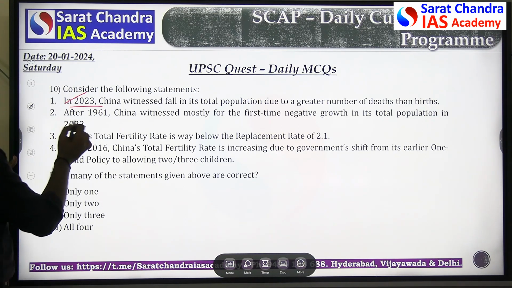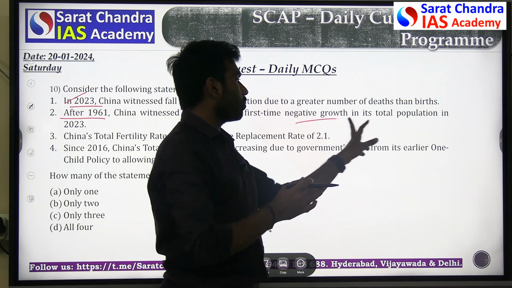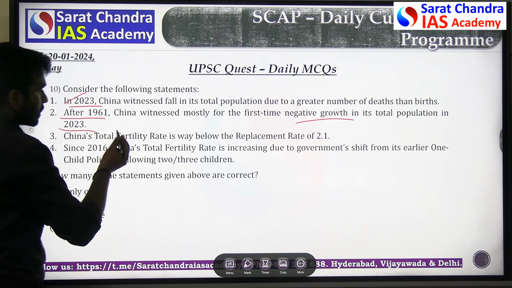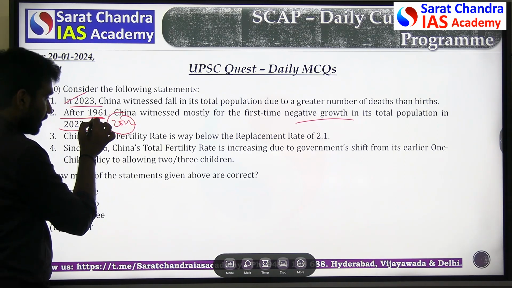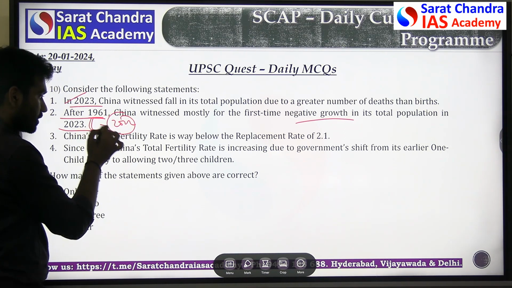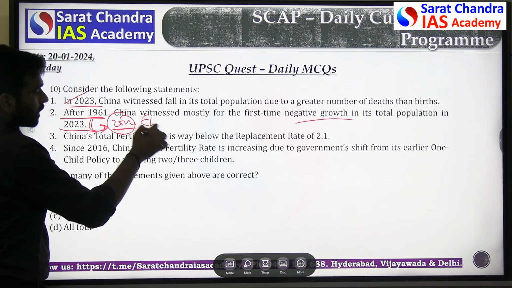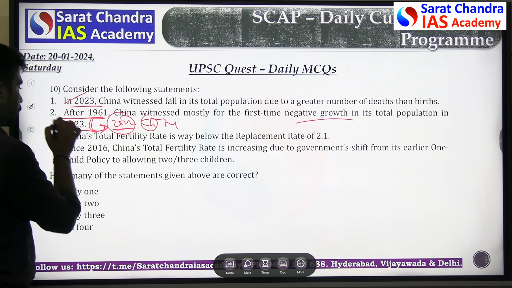But after 1961, China witnessed for the first time negative growth in its population in 2023. This is wrong because there was an article last year, in 2022 itself, after 1961, China witnessed negative population growth. So not in 2023.